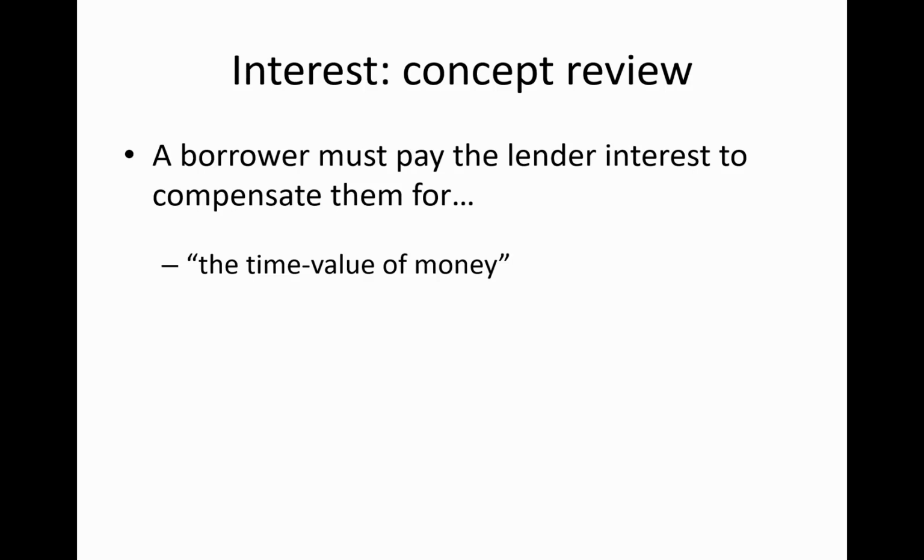To put it another way, things cost less now than they will in the future. Therefore, $1 now can buy more things than it will in the future. So when you take out a loan, you're taking valuable dollars now and repaying with less valuable dollars in the future, and you have to compensate the lender for that loss of value. So that's one aspect of it.